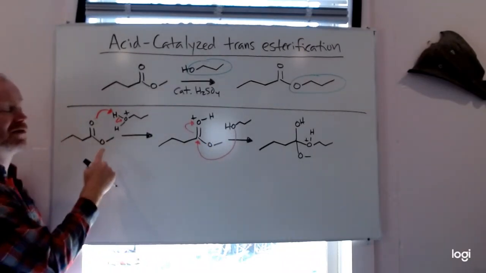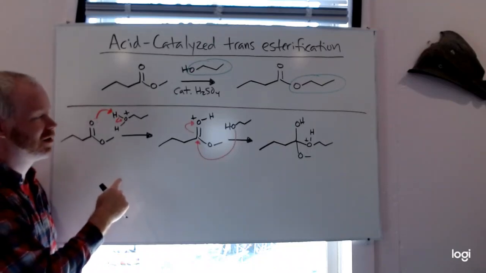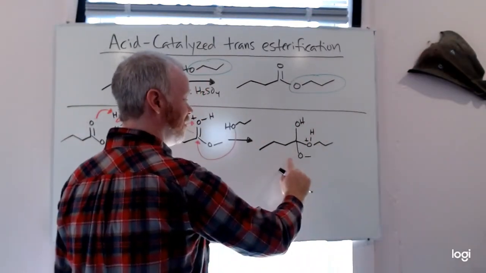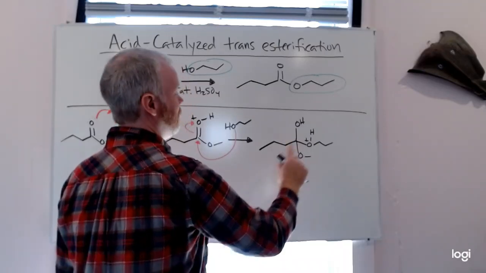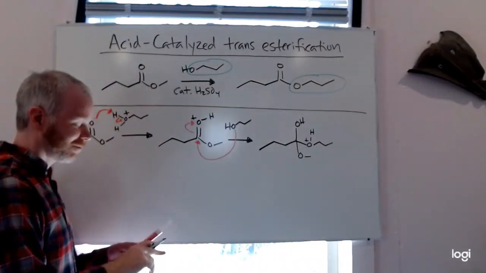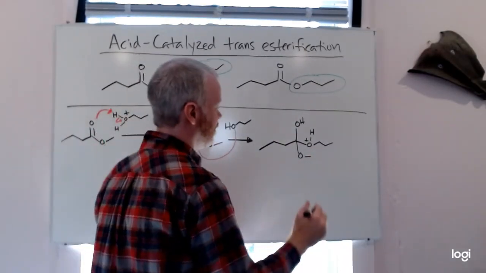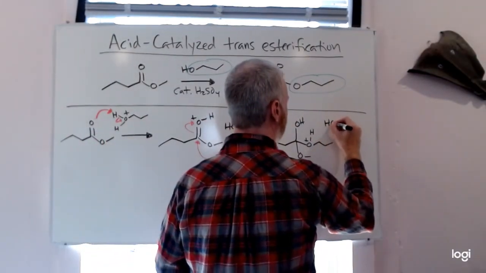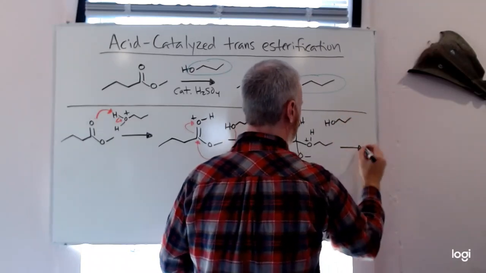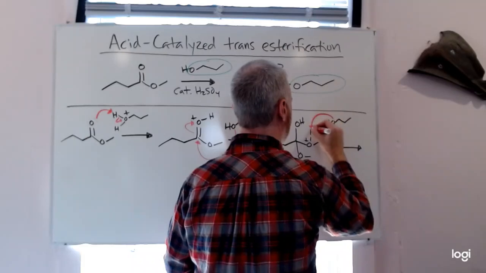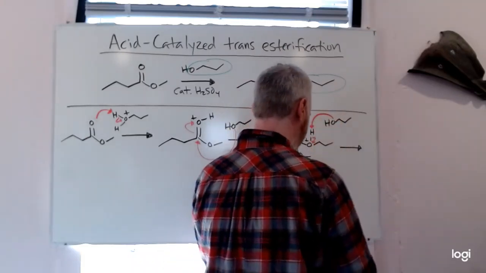It just required an extra proton transfer first to get it started. Right? And then now we've started the reaction. Right? And our new group on here, the propyl, though, has an extra hydrogen. So we'll remove that.